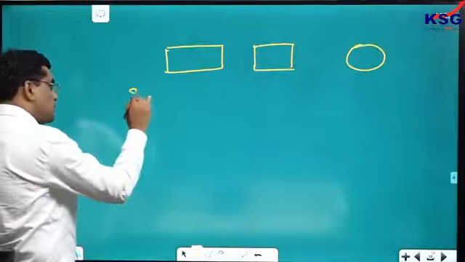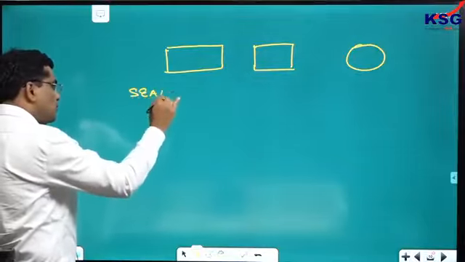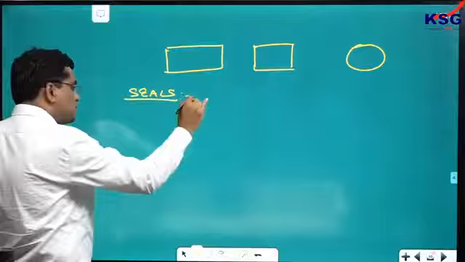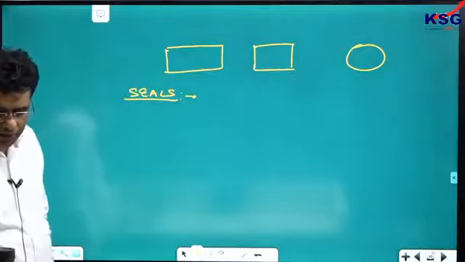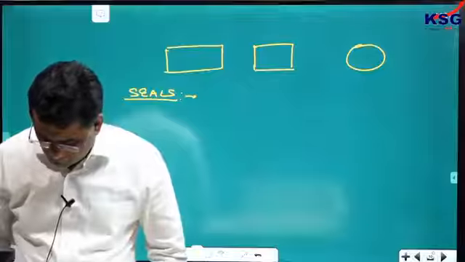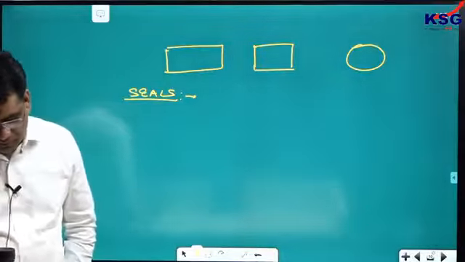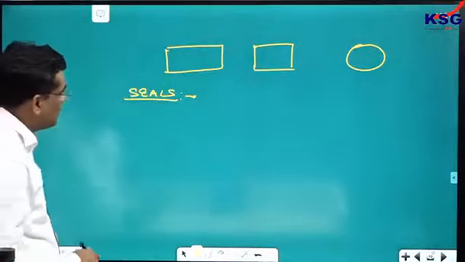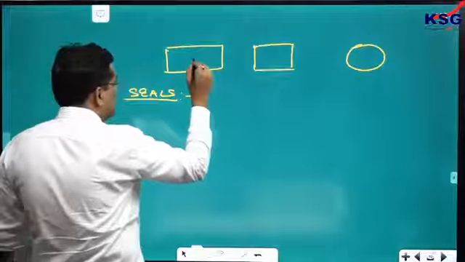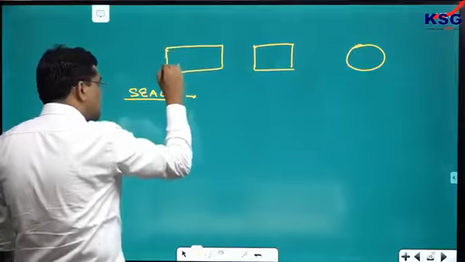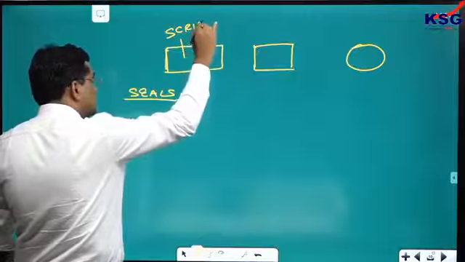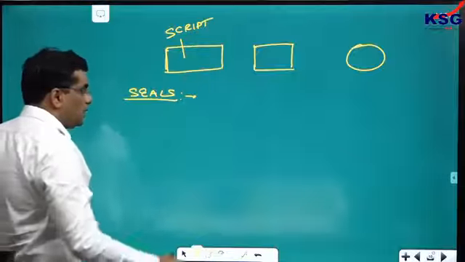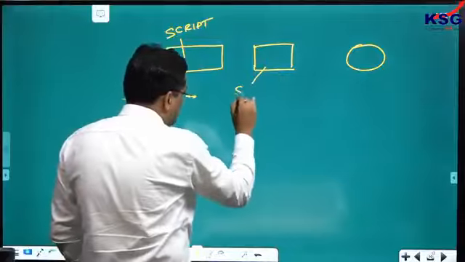Why were seals used? We haven't deciphered the script, so we are not able to decipher exactly the meaning of the seals. In the rectangular seal we have a script only. In a square seal we have a script and a picture.